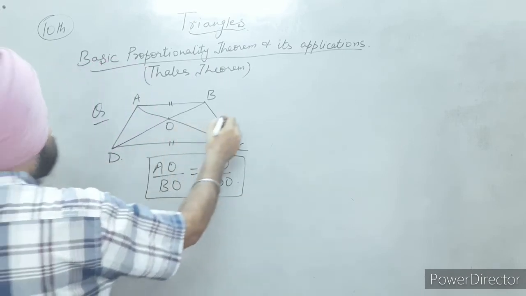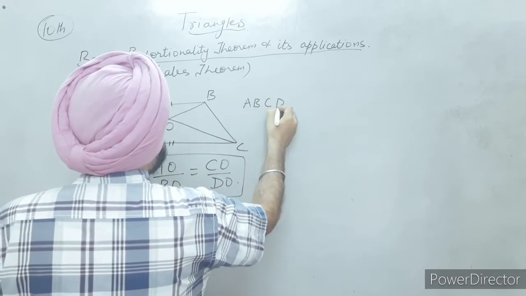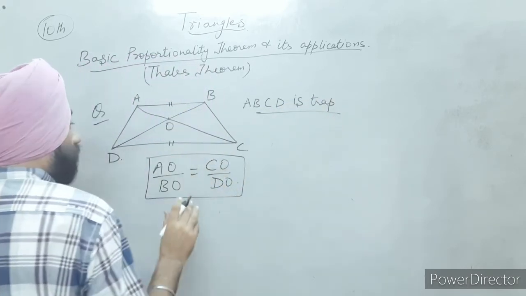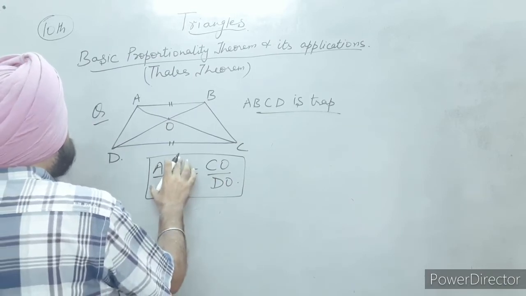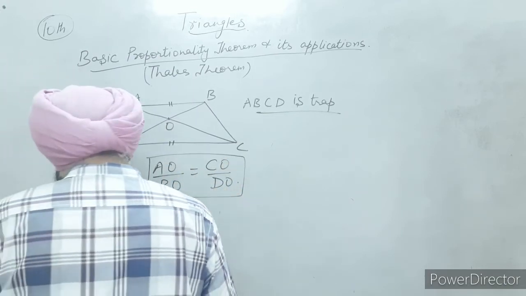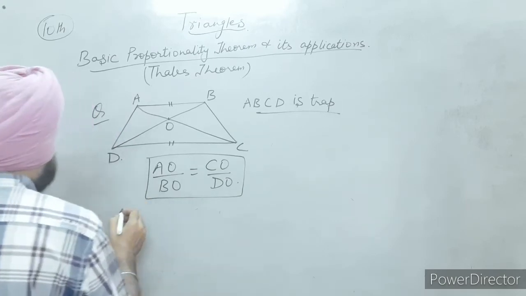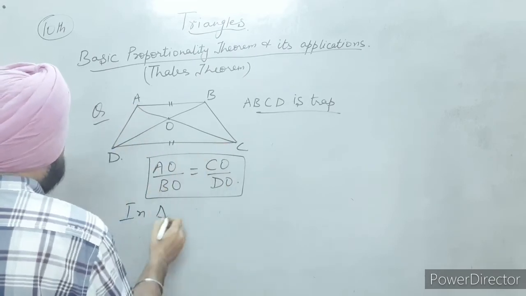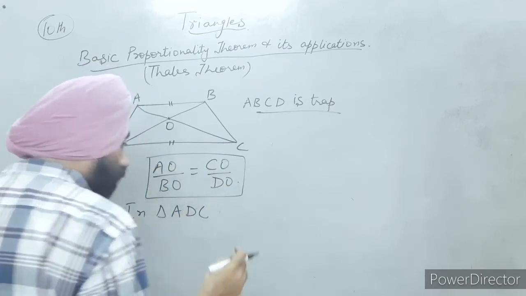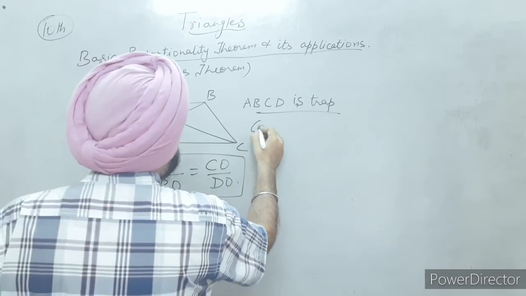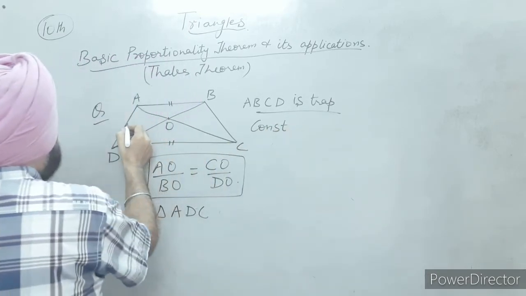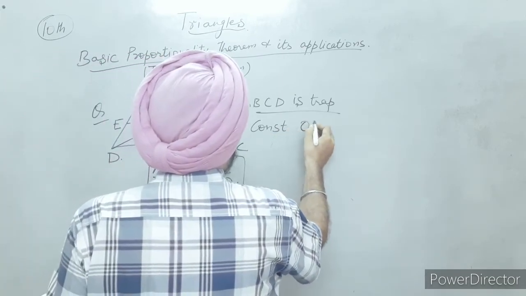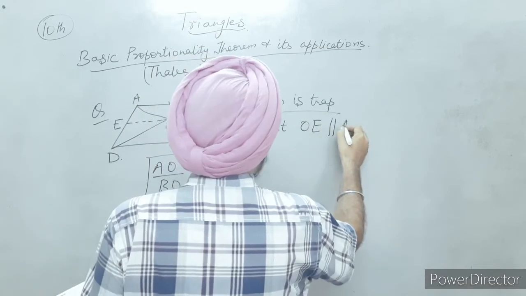It is given ABCD is a trapezium, right? AB is parallel to DC. This thing we are sure. We have to prove AO upon BO equals CO upon DO. Now how to prove it? Now in triangle ADC, the construction is: draw a line OE parallel to AB.